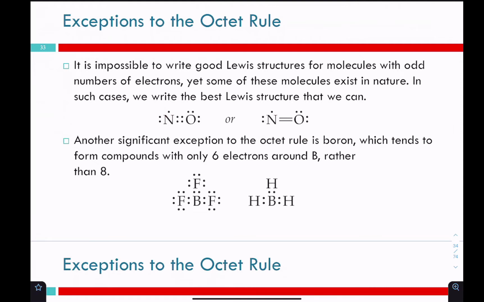The other significant exceptions, and they are on the Lewis structure worksheet, are aluminum and boron. So aluminum and boron both only need 6 electrons. So BH3 or AlH3 will have just 6 valence electrons, and that's fine. Those are the only exceptions.